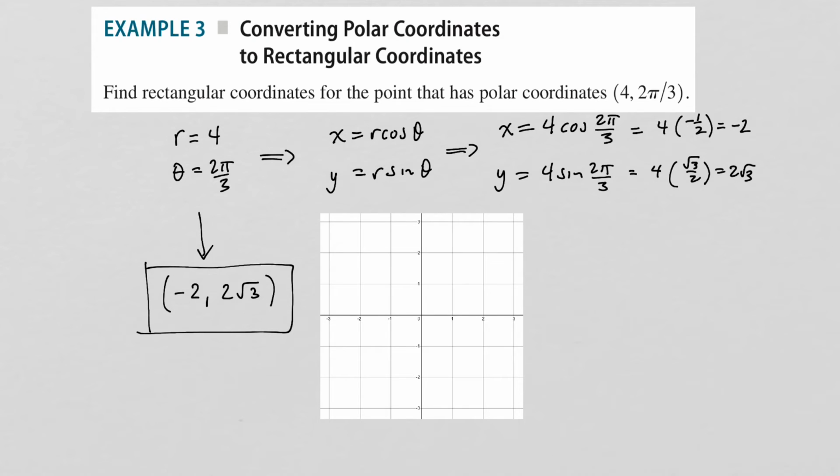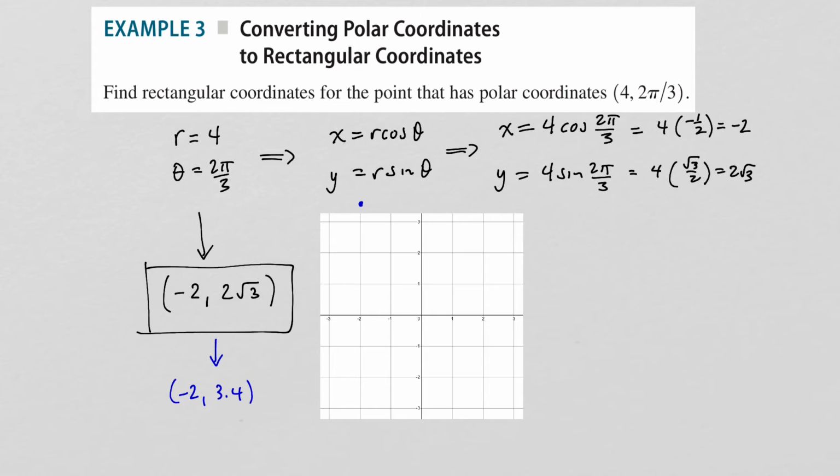And so to do this, let's just recall that radical 3 is about 1.7, so 2 times radical 3 is about 3.4. So we can approximate this by graphing the point negative 2, 3.4. And that is going to be right about here.